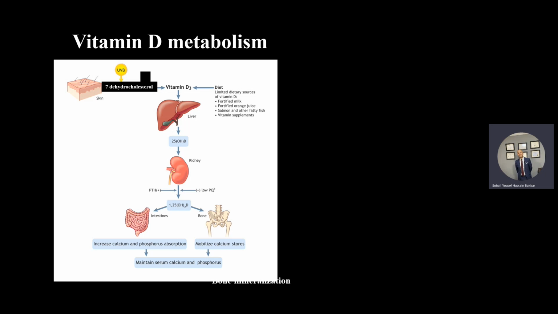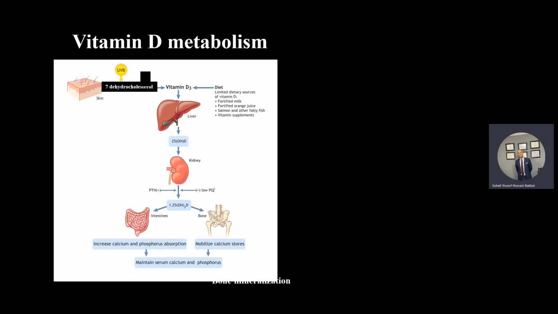And then in the kidney, it is converted into 1,25-dihydroxy-cholecalciferol or dihydroxy vitamin D3, which is the final and active form of vitamin D3. Note, we have two hydroxylation processes. The first is in the liver and the second is in the kidney.